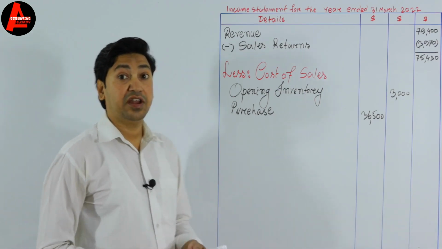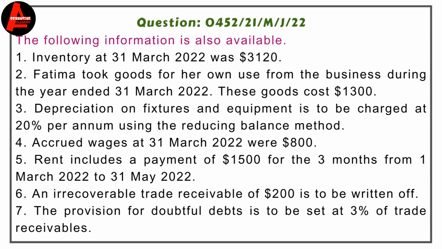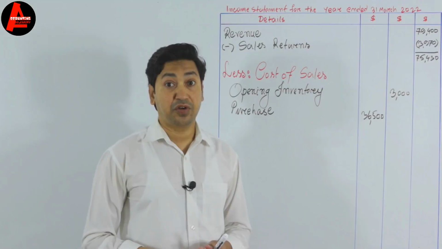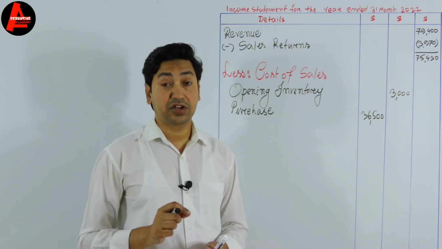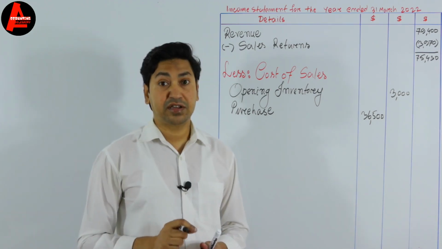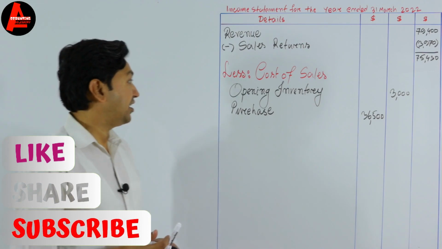Here on the adjustments, look at number 2. Fatima took goods for her own use from the business during the year ended 31st March 2022. These goods cost $1,300. If we have any goods for own use, which is also called drawings, it will always be subtracted from the purchases.